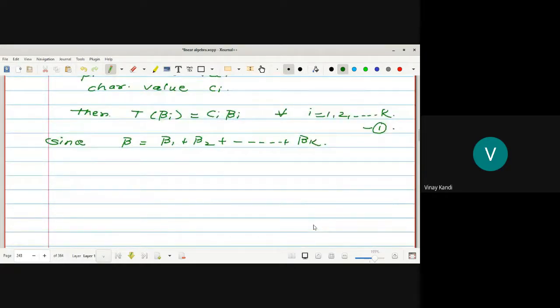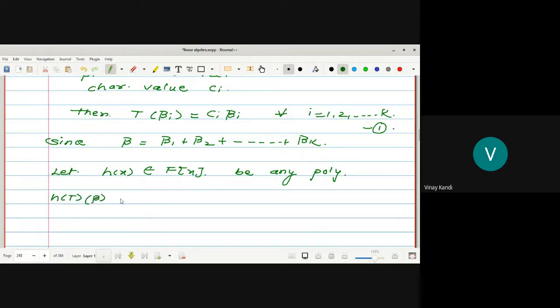Okay, now again assume let h of x belonging to F of x be any polynomial. You have to assume many things, okay. Any polynomial. Then what is h of T of beta?